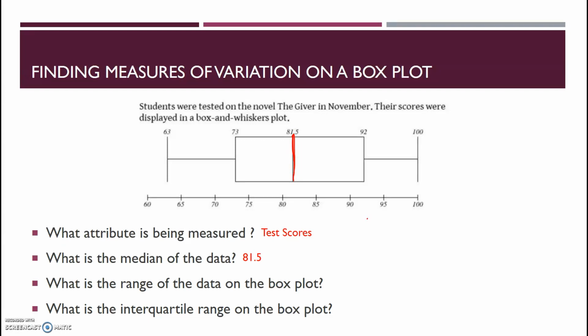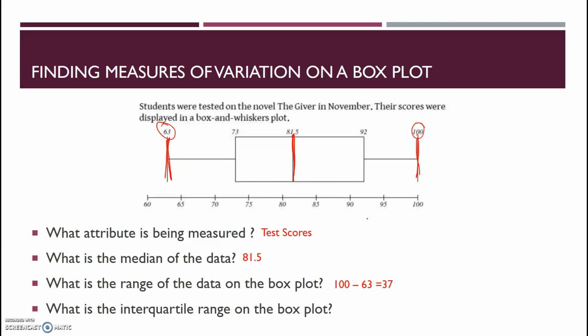Now, if I want to find the range of the data on the box plot, I'm going to take my highest value, which is 100, and my lowest value, which is 63, and subtract them. And I know that's my highest and lowest because that's how I find my upper and lower extreme when I make a box plot. So I would take 100 minus 63, and my range is 37.